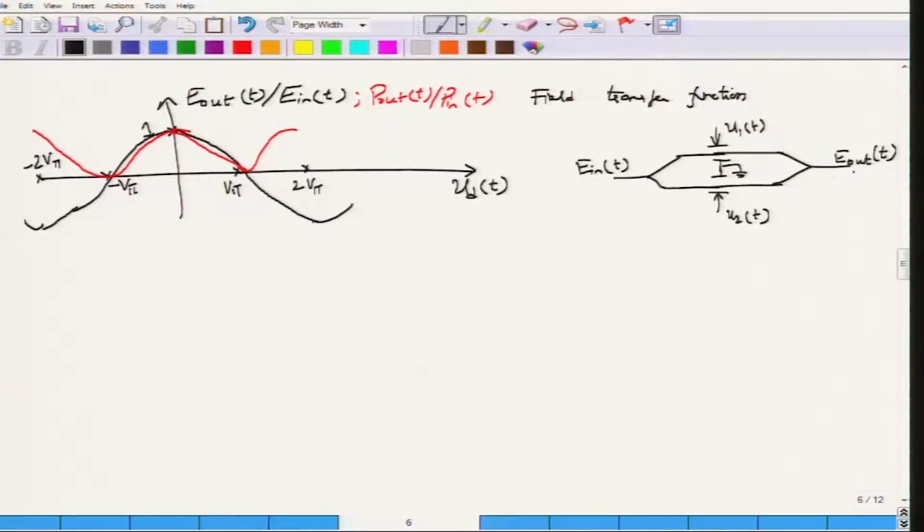the electric field at the output of the Mach-Zehnder modulator. If you now plot the transfer ratio of this, in the sense that you take the electric field of the Mach-Zehnder modulator output and divide it by the electric field you are feeding as the input, and plot that as a function of the difference voltage U differential. There is a D in the subscript to indicate that this transfer function is a function of the difference between the voltages U1 and U2.